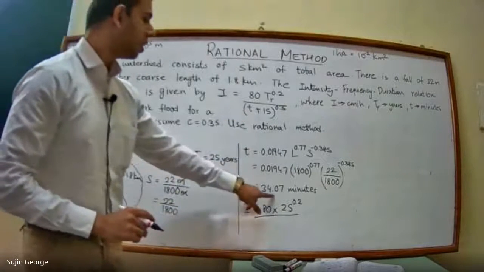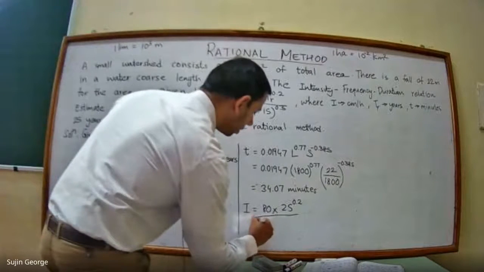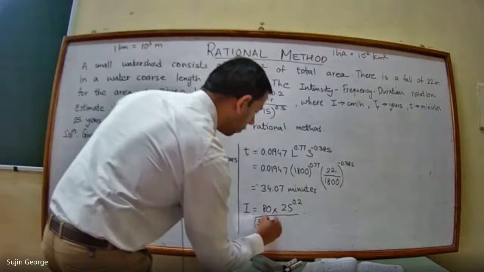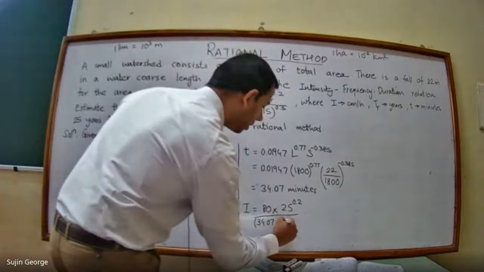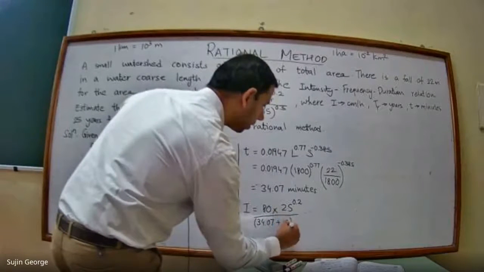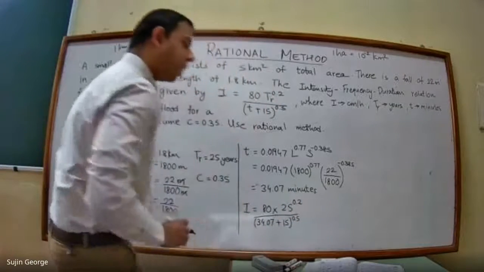Value of t is 34.07, so 34.07 plus 15, raised to the power 0.5.